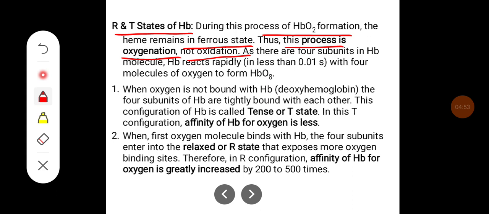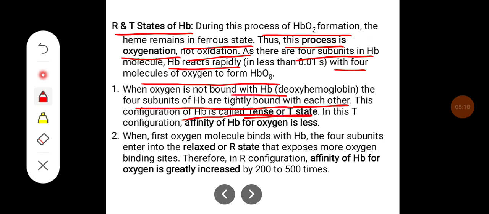As there are four subunits in the hemoglobin molecule, the hemoglobin reacts rapidly with four molecules of oxygen to form oxyhemoglobin, that is HbO8. When oxygen is not bound with hemoglobin, that is deoxyhemoglobin, the four subunits of hemoglobin are tightly bound with each other. This configuration of hemoglobin is called the tense or T state.